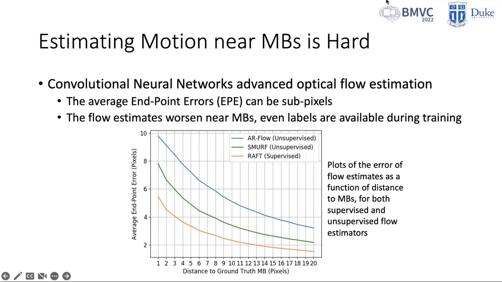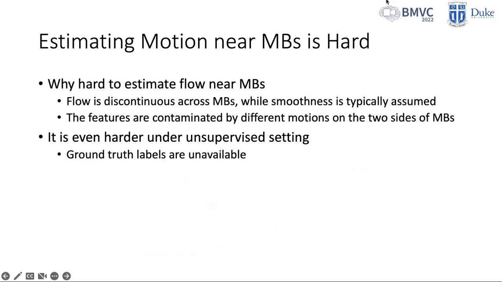The difference in accuracy of the flow estimates between 1 pixel and 20 pixels away from motion boundaries can be very large. There are several reasons why it is hard to estimate flow near motion boundaries. For example, it is typically assumed that motion is smooth spatially in flow estimators, either explicitly or implicitly. However, flow is discontinuous across motion boundaries.